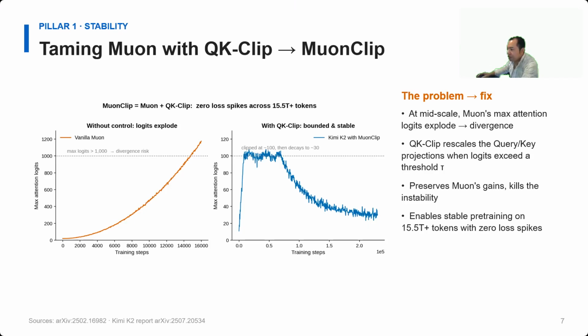So the payoff is on the banner: stable pre-training across 15.5 trillion tokens with zero loss spikes. Reliability at that scale is exactly what lets you spend your compute on capabilities instead of babysitting some divergence.